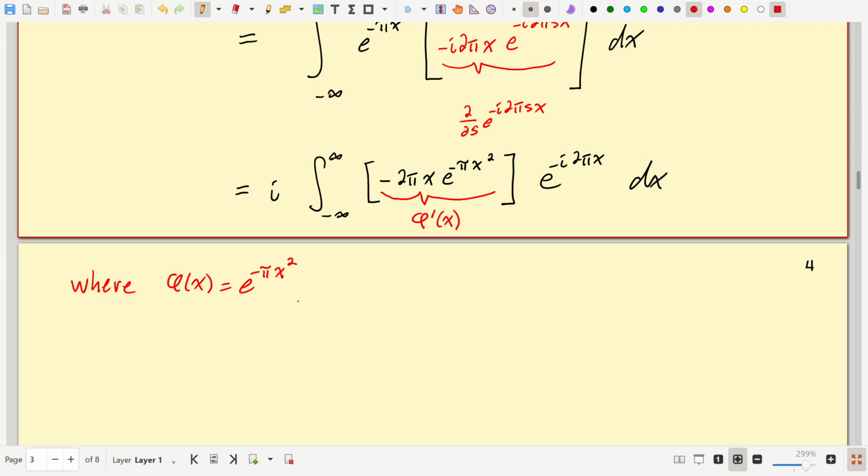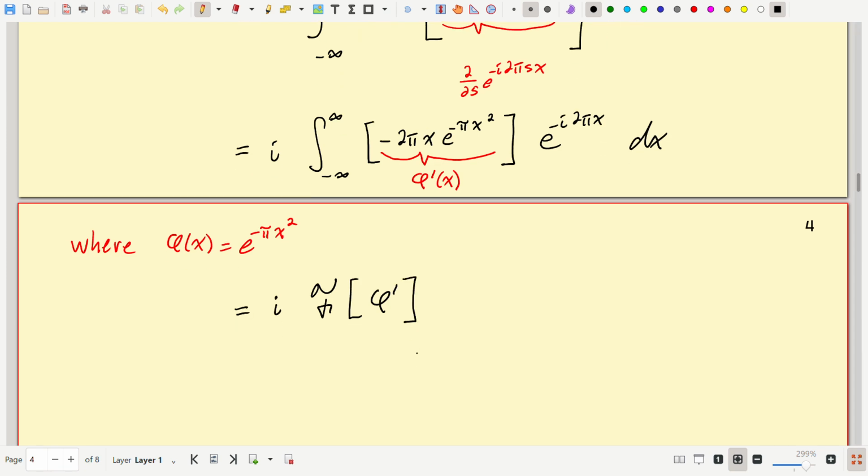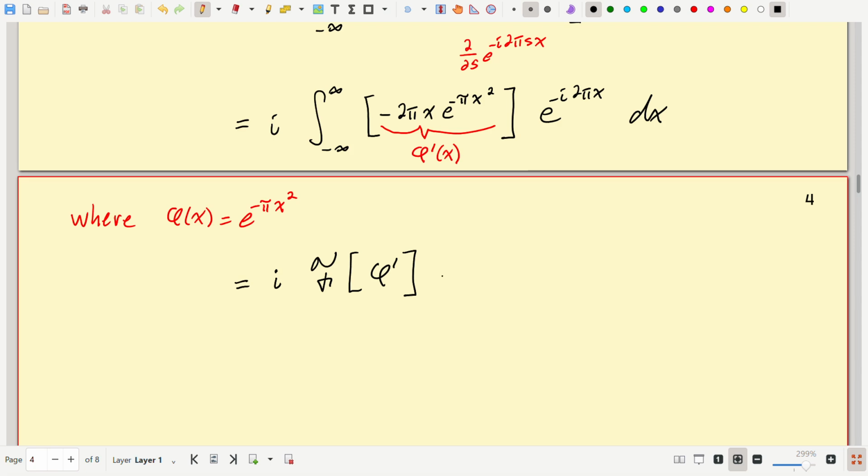So what I have here is i times the Fourier transform of a derivative. And from the formulas above, I forget what number it was, the Fourier transform of a derivative is i 2 pi s times the Fourier transform of the function.